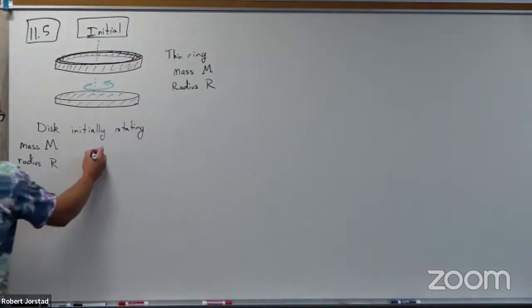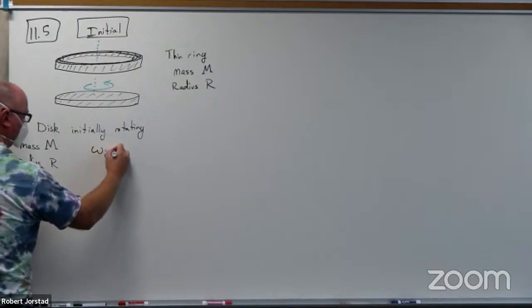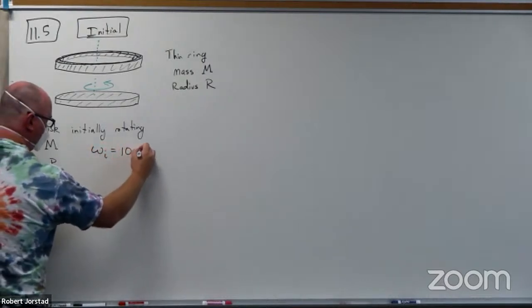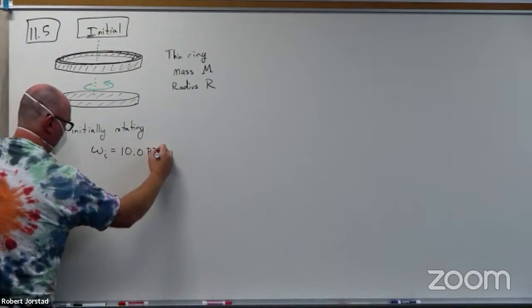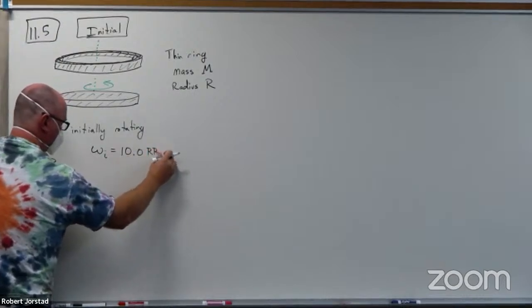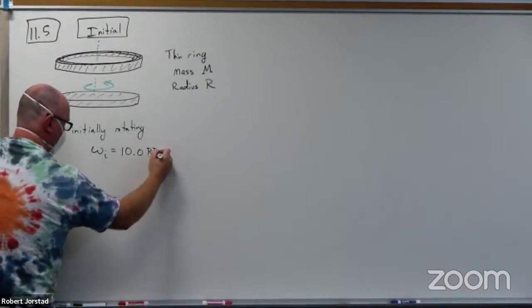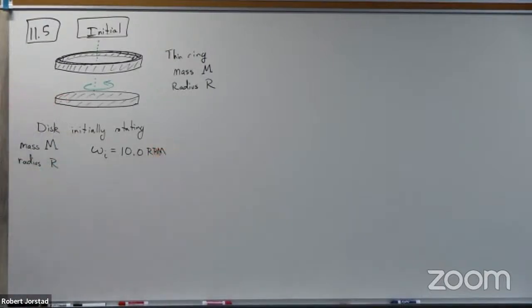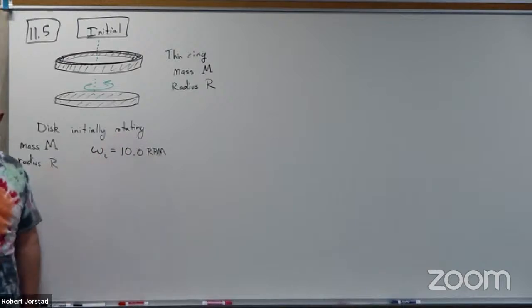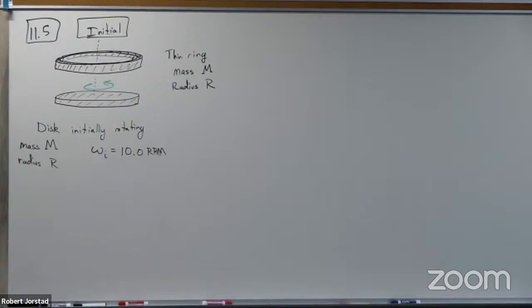And I'll say omega initial equals 10.0 RPM. So you probably don't need the S on it, but we always say RPMs, but really it's revolutions per minute, right? So 10, you don't need an S on the end, but it's sort of like pounds versus pounds. You don't use the S at the end of LB.